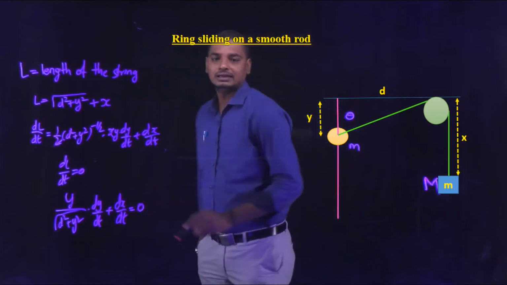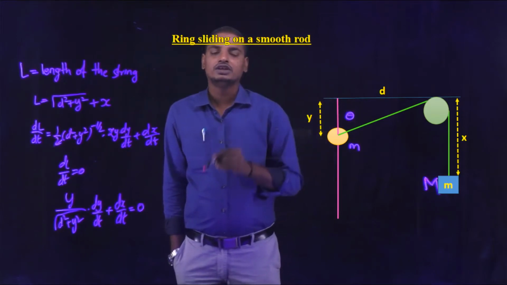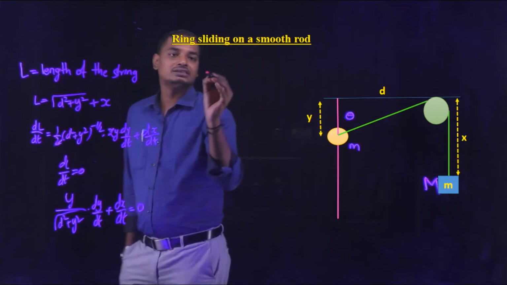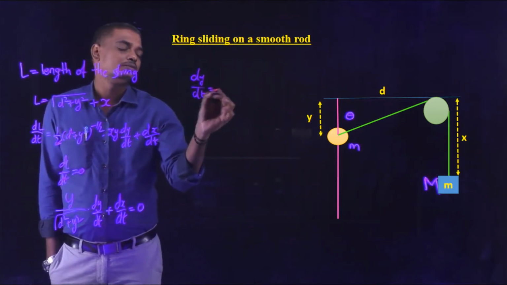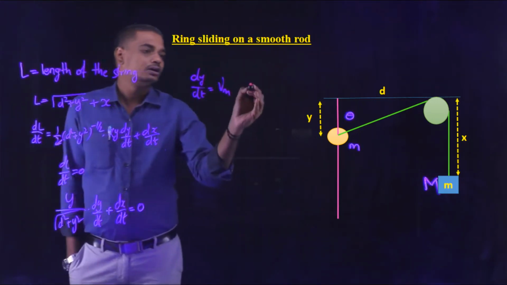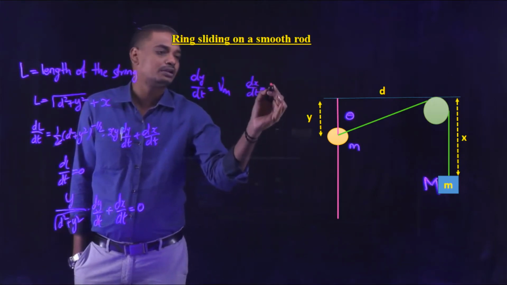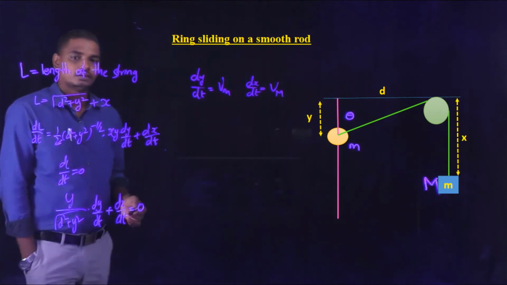Here y is nothing but the displacement of the ring. Rate of displacement is nothing but the velocity of the ring. So dy by dt is nothing but the velocity of the ring of mass small m, and dx by dt is nothing but the rate of displacement of the block, which can be written as the velocity of the block of mass capital M. Right or not?